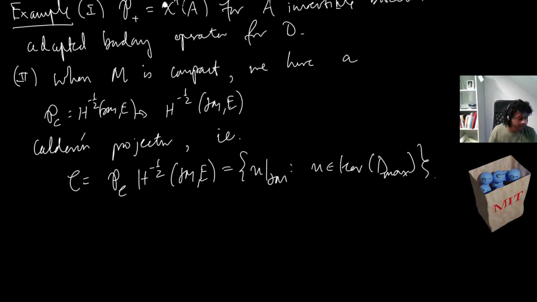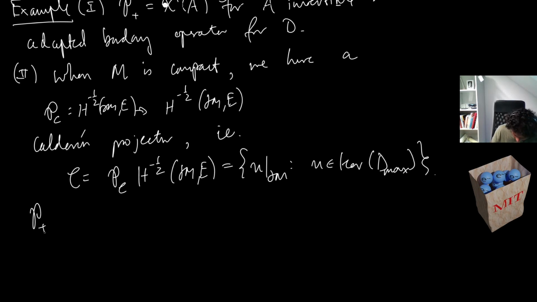So we've already seen that. So P plus, P of C, is another choice, is boundary decomposing.